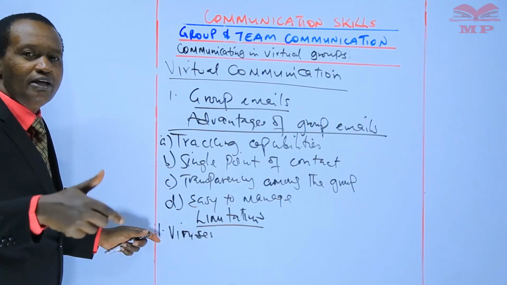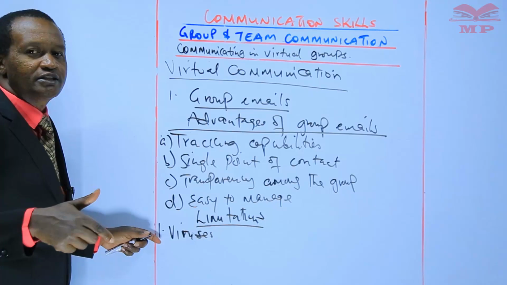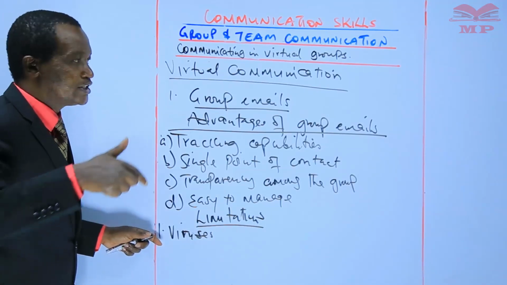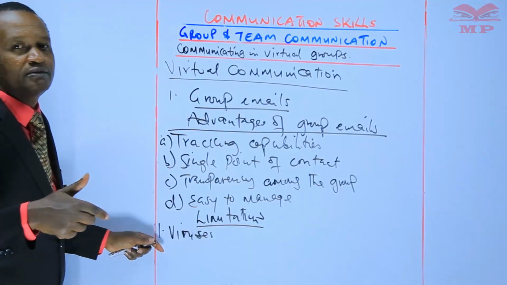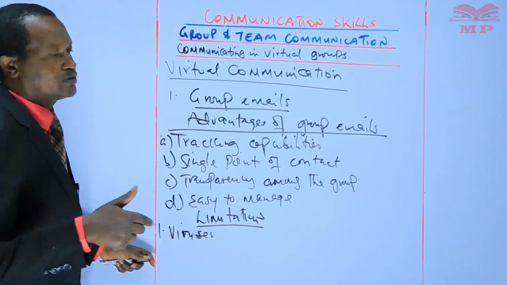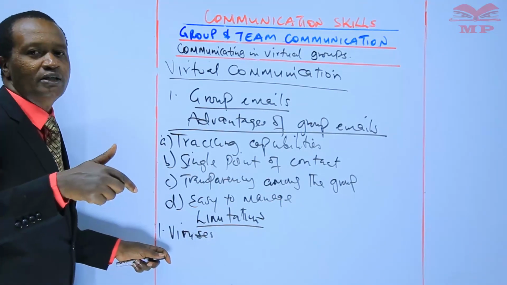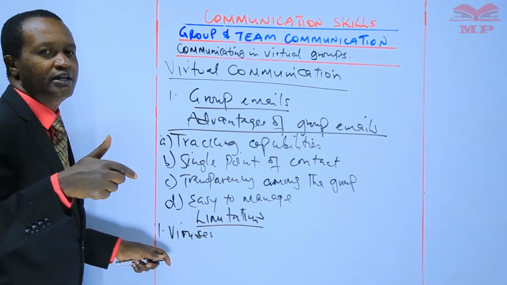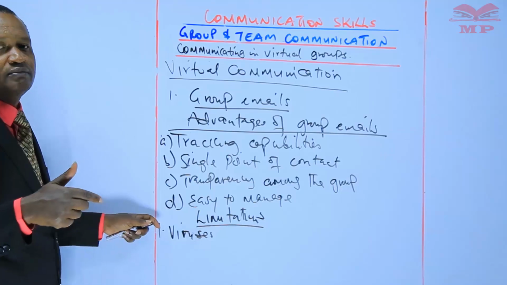Now, candidates, email is one of the commonest ways for viruses to travel and infect devices. Why? Because the email might come with a virus, or the virus might be in an attached document. And infection normally occurs when the recipient clicks a link or opens the infected attachment.